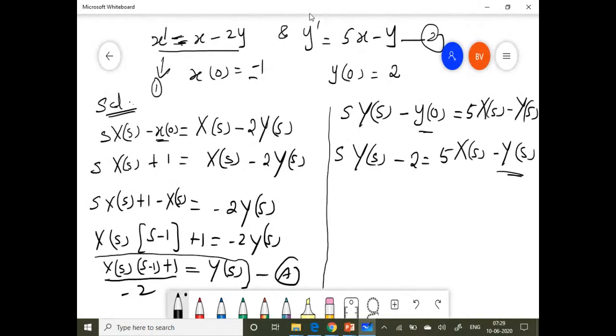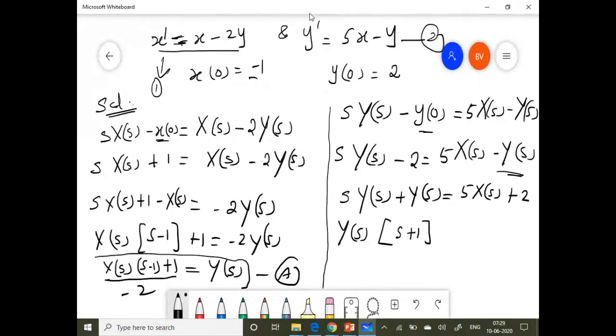This y of s comes to the left side, s times y of s plus y of s. And this -2 will be on the right side, 5 times x of s plus 2. Y of s has been taken as common, and it's s plus 1.